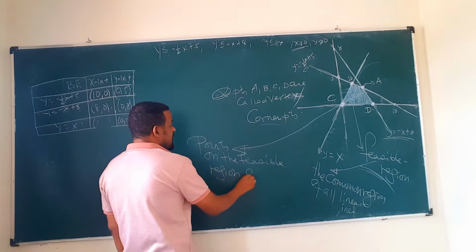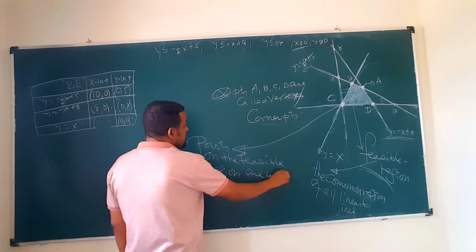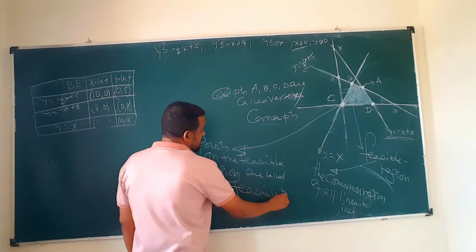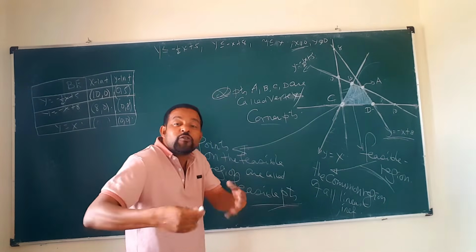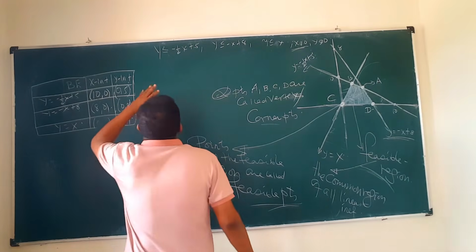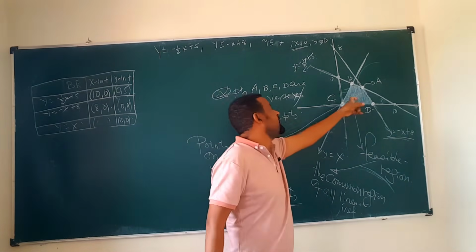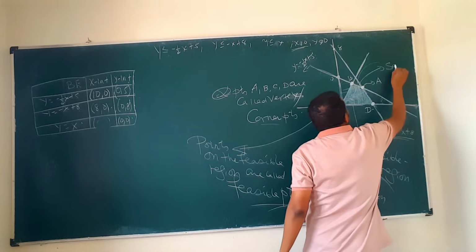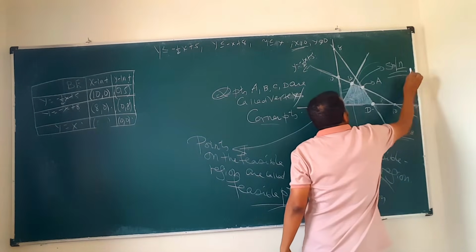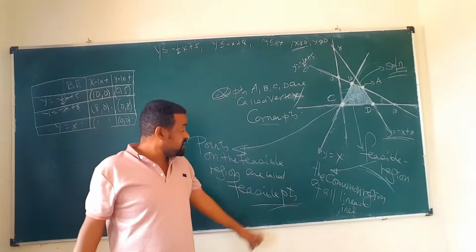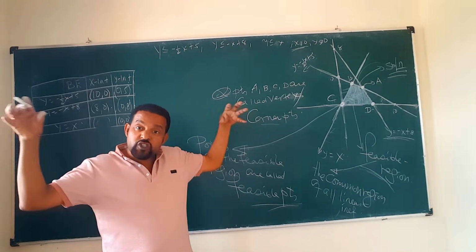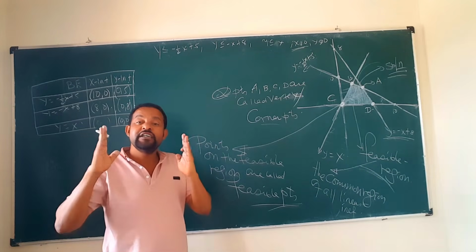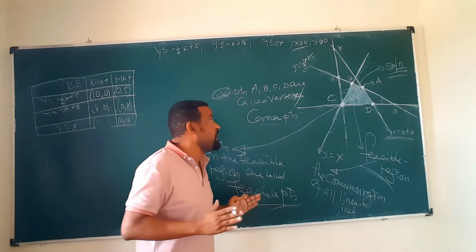Points on the visible region are called visible points. እነዚህ visible points ናቸው የዚህ system of linear inequality solution ይባላል። እዚህ region ላይ ያሉ ፖይንቶች ናቸው solutions or visible points ይባላሉ። So these visible points are the solutions of what? The solutions of the given system of linear inequalities.